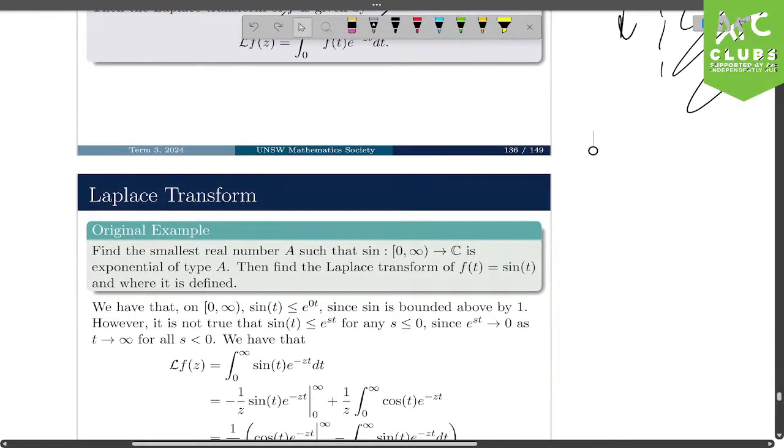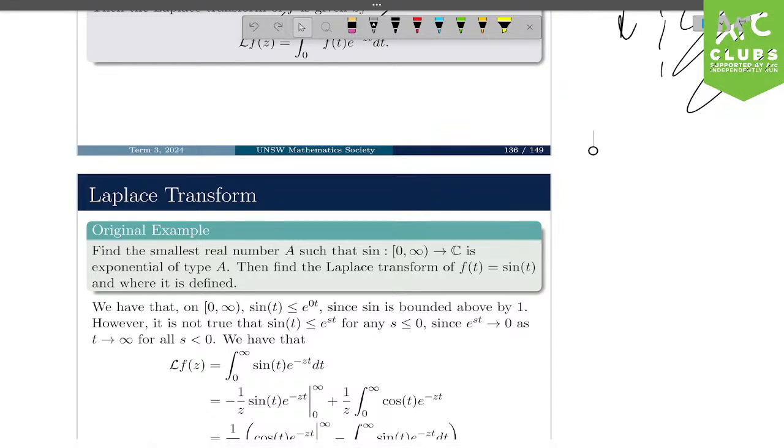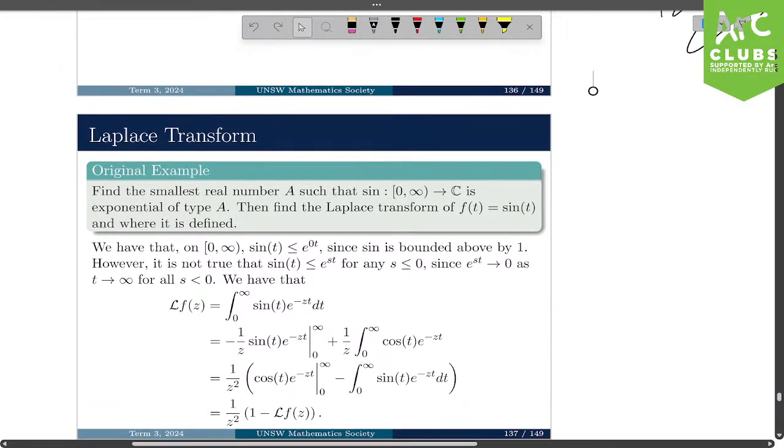Okay, here is an example. We're going to find the smallest number a such that sine is exponential of type a. Now, there's a couple ways to think of this.